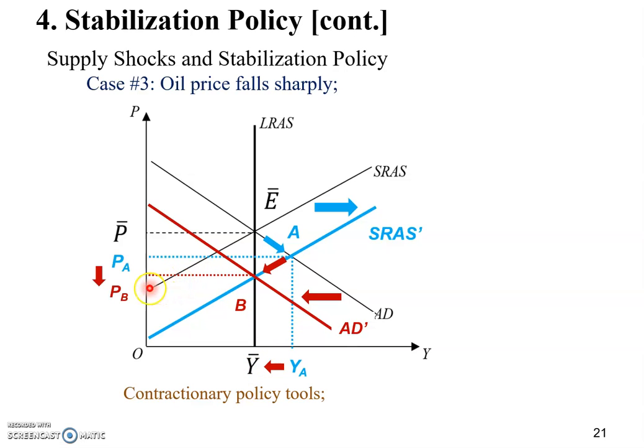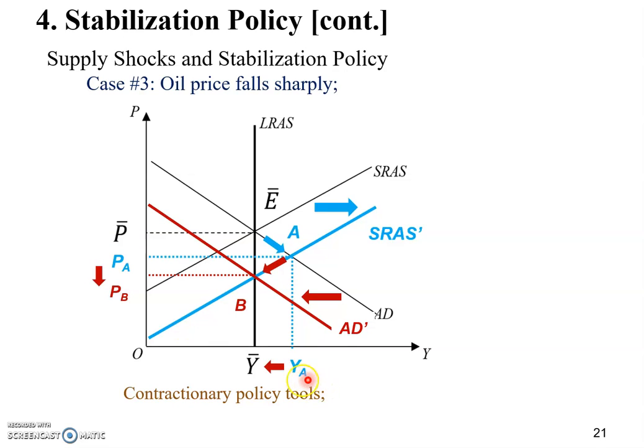But what's interesting is the overall price level decreases even more, from PA to PB. In other words, compared to the previous case of the demand shock, where we could help the output and the overall price both return to the original levels, that looks impossible for a supply shock.